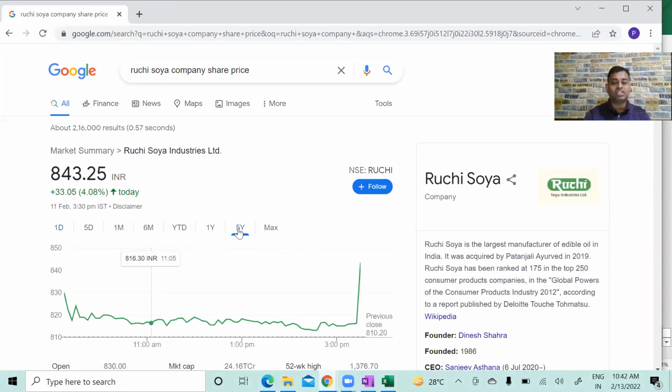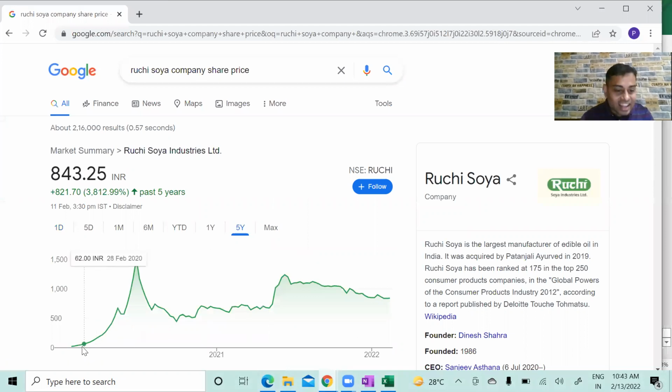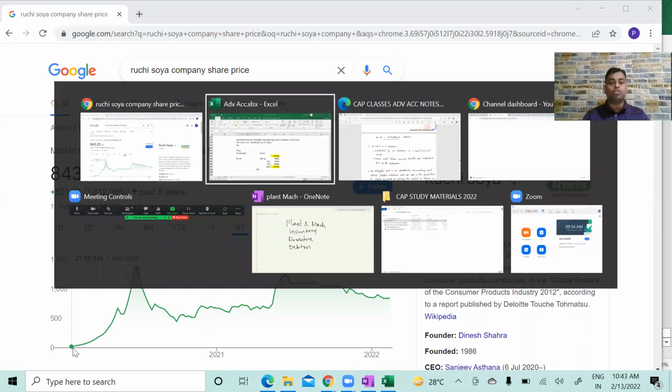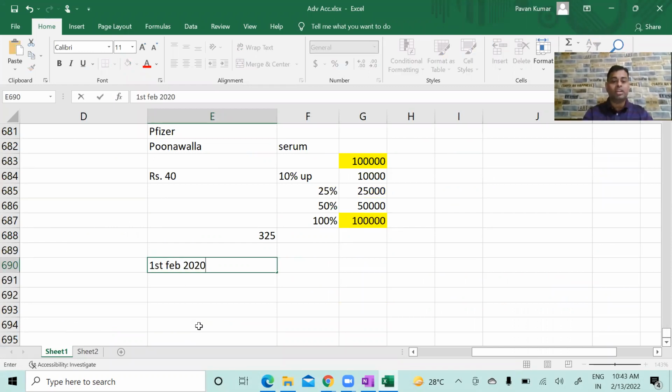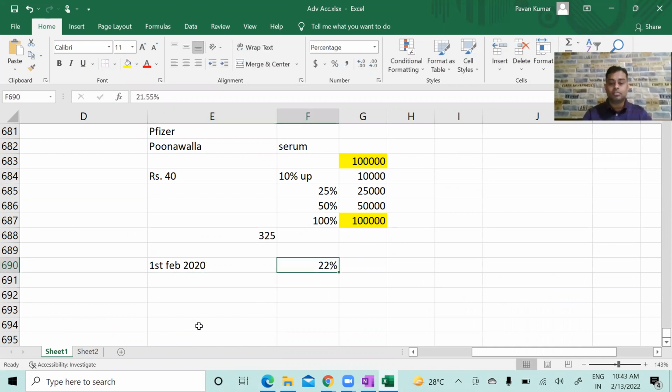Okay, this is a 5-year chart. Can you read this? On 1st February 2020, what is the price? 21.55 rupees. Okay.